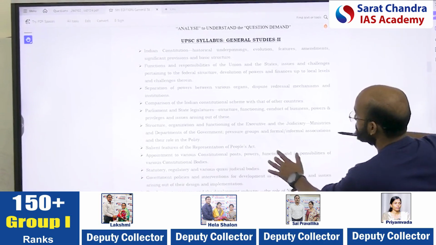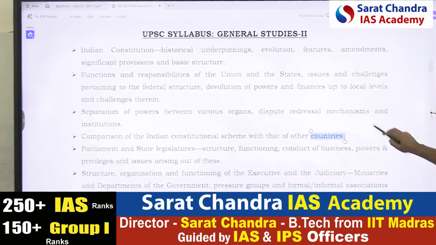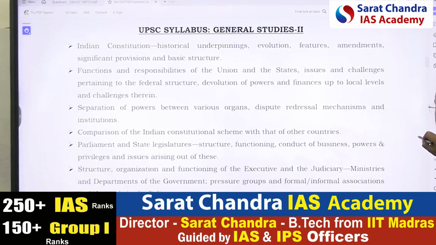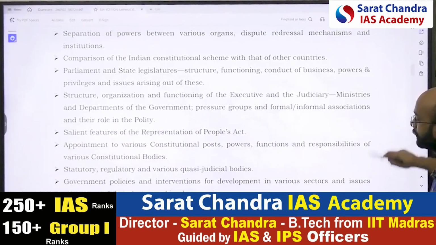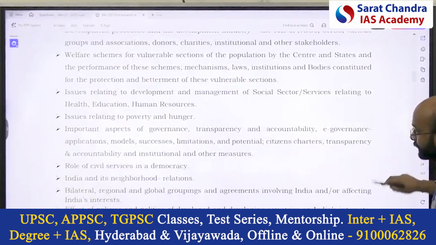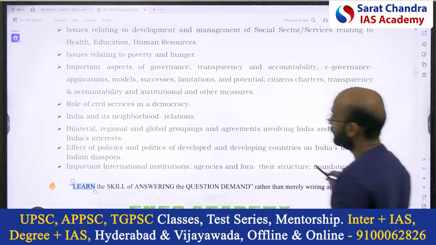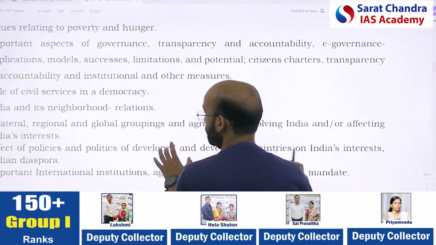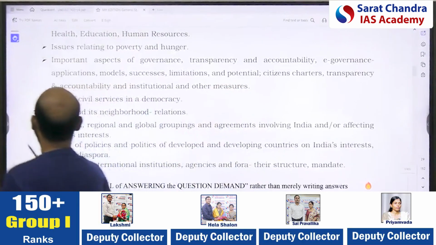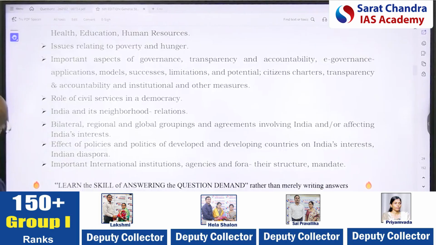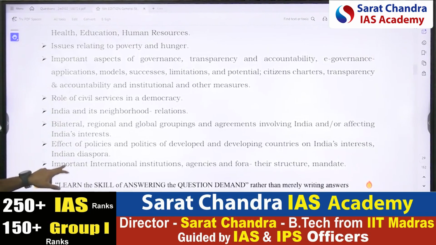GS-2 syllabus, and as we know in GS-2 there are 3 major components. One is your constitution and polity, second governance, and third here you have international relations.